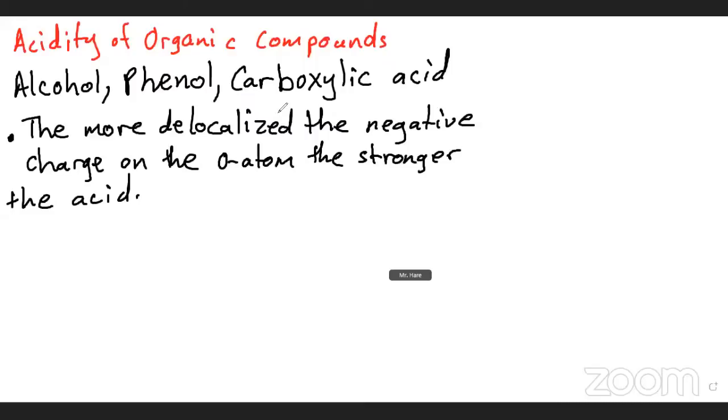So alcohols, phenols, and carboxylic acid. This is what we are going to use to determine which acid is stronger: the delocalization of the negative charge. Delocalized means how it is spread out. So let's start with the alcohol.